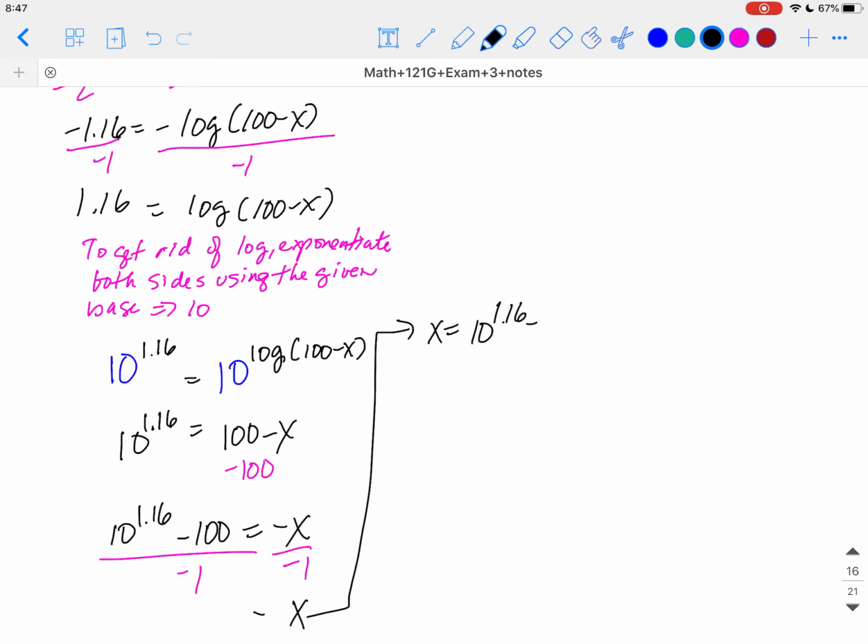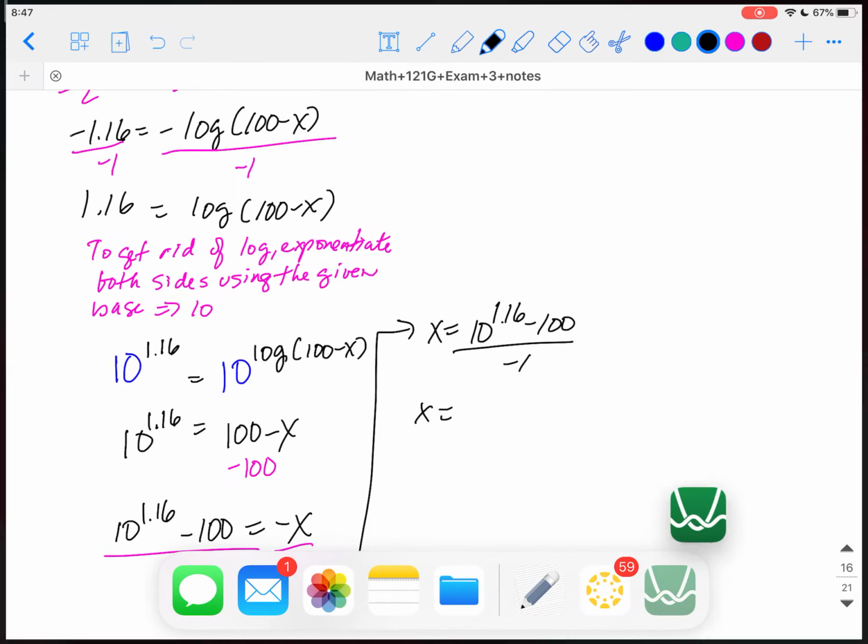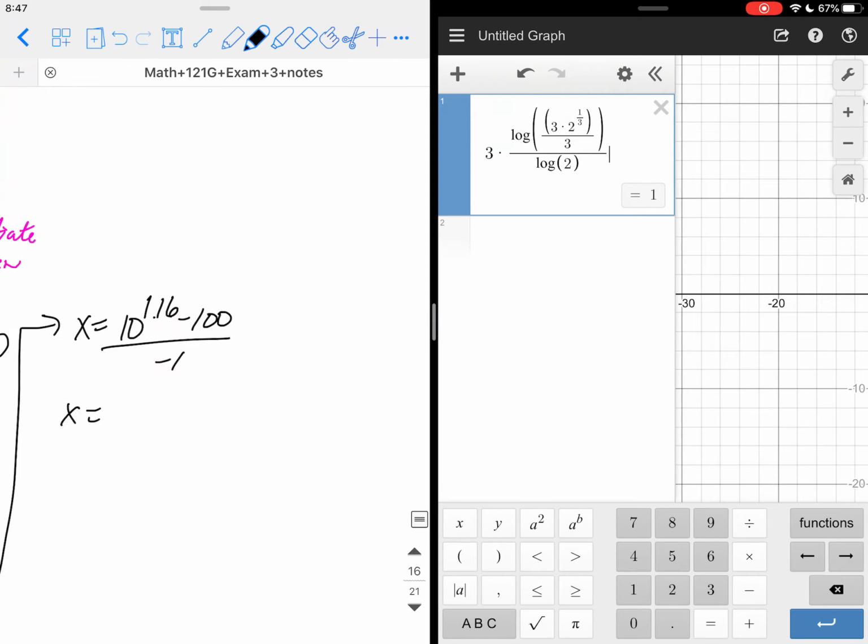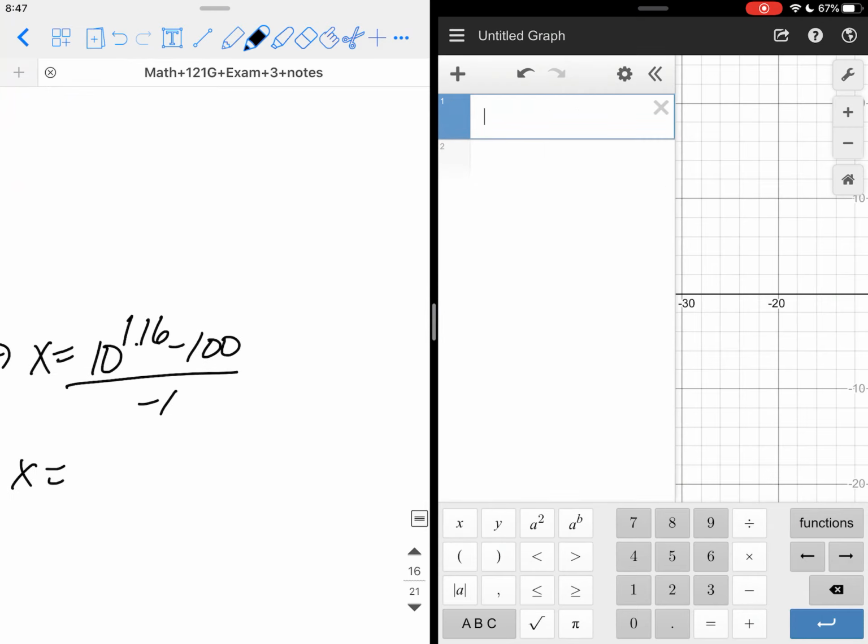I'll just put it over here. x is equal to 10 to the 1.16 minus 100. And my answer, I'm going to get the opposite. So let's see. Ten to the power of 1.16 minus 100. I'm just going to get my answer. And then it's the opposite, so it's a positive 85.